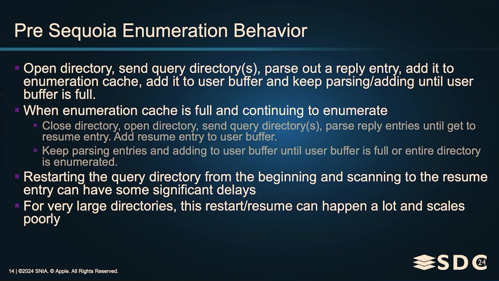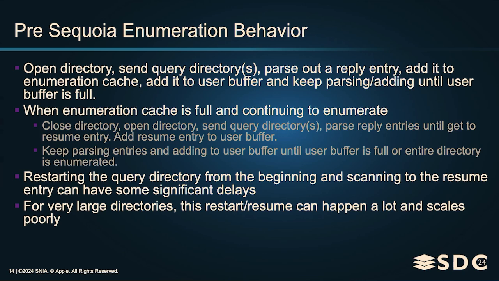If the total number of entries in the directory was smaller than the enumeration cache, we're fine. It all fits in the cache. The problem comes when the directory number of entries is huge, like 10,000, and our cache only holds like the first 1,000.